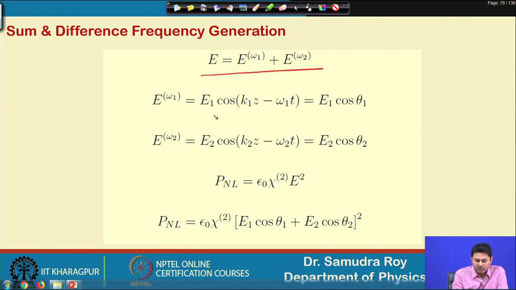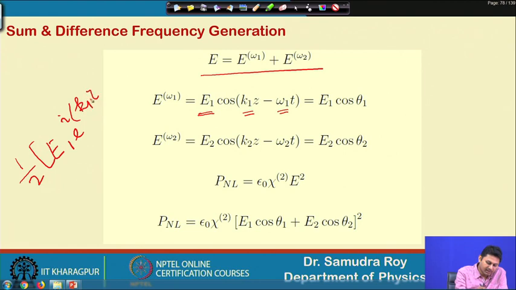So, I write E omega 1 with amplitude E 1, propagation constant k 1 and frequency component omega 1. E omega 1 is a real electric field, so E 1 cos of k 1 z minus omega 1 t. If I write it with the complex conjugate, it will be exactly the way we have written previously: half of E 1 e to the power of i times k 1 z minus omega 1 t, plus complex conjugate. This is nothing but E of omega 1.